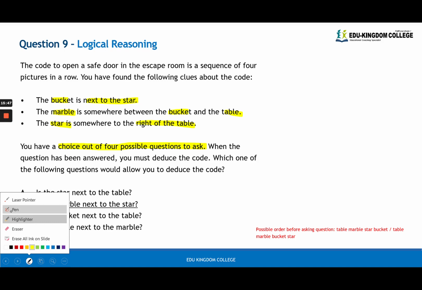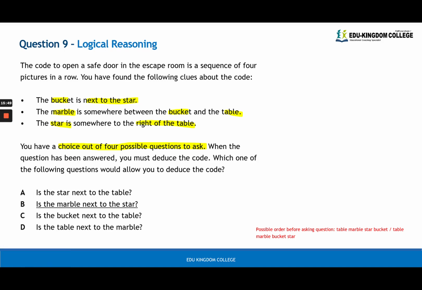Okay, so let's think about the possible order right now, okay? So the bucket is next to the star. The marble is somewhere between the bucket and the table. So I'm going to put the bucket here and the table here. Table and bucket, okay? And then the bucket is next to the star.